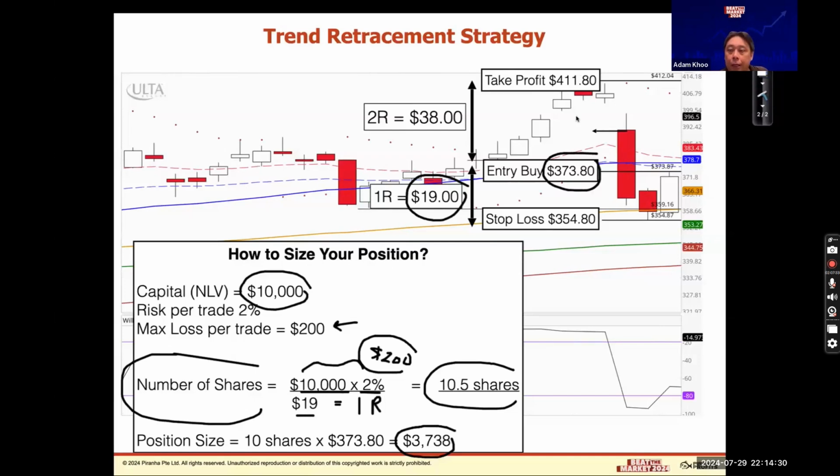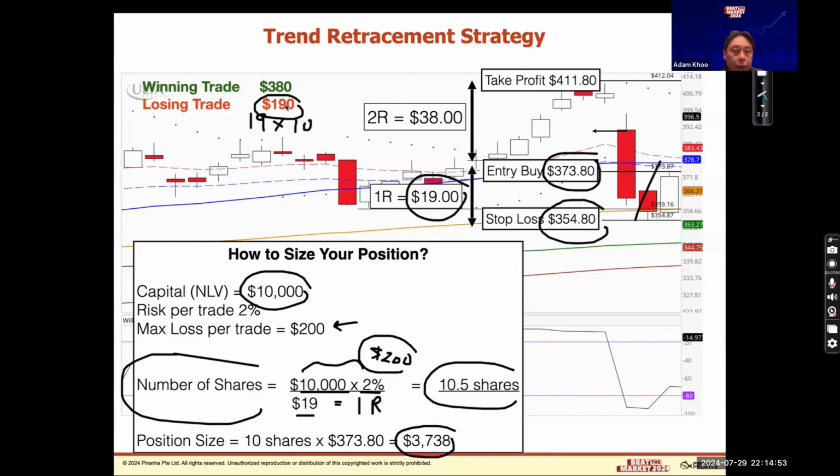Now, if you enter the trade and the price drops to your stop loss, what happens? You will lose $19. Agree? You will lose $19 times 10 shares, which is $190 that you lose.